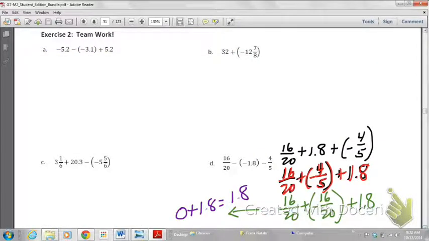Okay, so here we are back and looking at D. As you can see, my first step was to take care of this minus a minus thing. Again, subtracting a rational number is like adding its opposite.